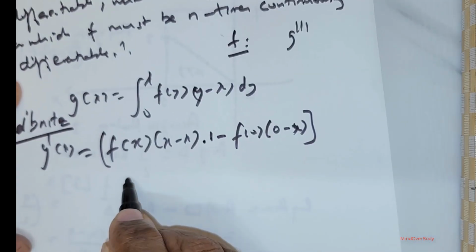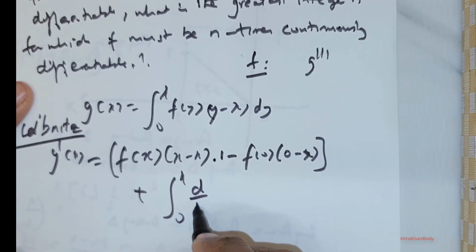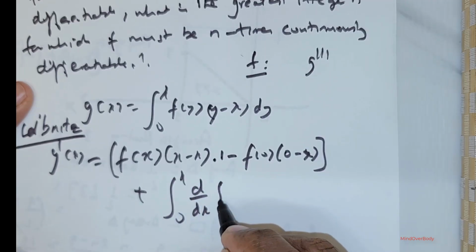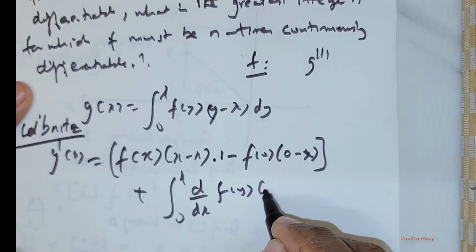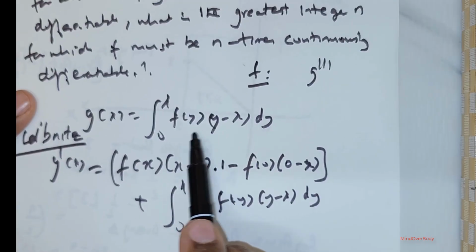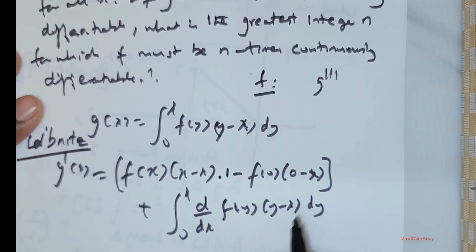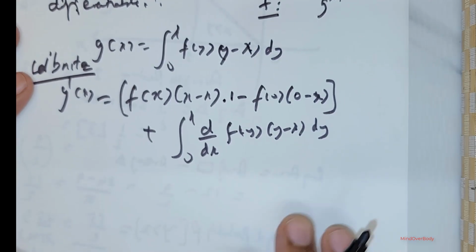Okay, now this is followed by the integral from 0 to x of d over dx of f of y negative x times dy, because the integrand has the presence of the variable x. So that is the reason we need to add this.